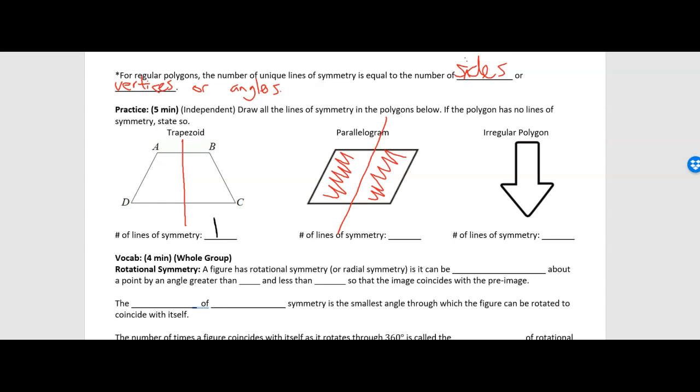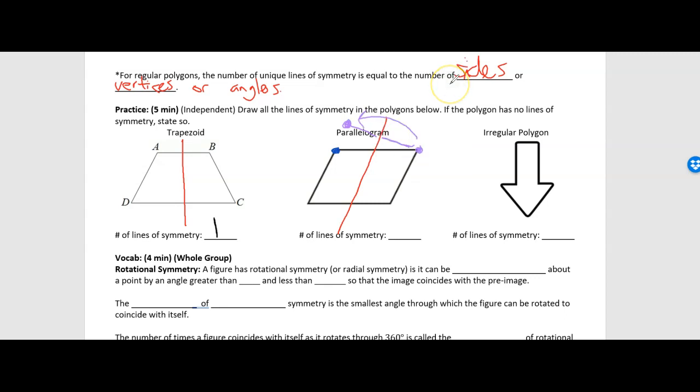Let me show you what I mean by that. If I have a parallelogram, this point in the top right would need to go to, we'll call it the blue point, in the top left. However, if you reflected this purple point, it goes perpendicular to this red line of symmetry, so it actually reflects over here.